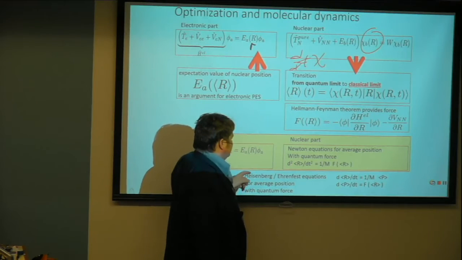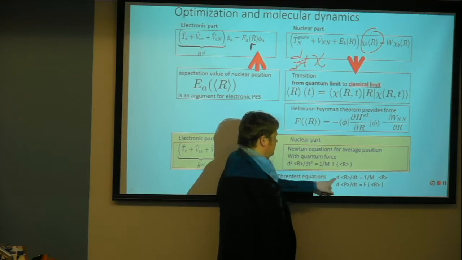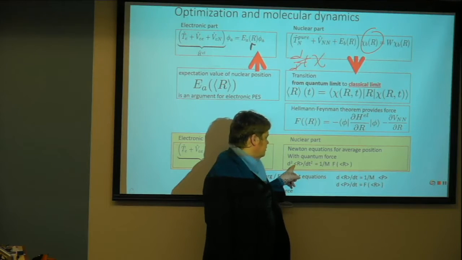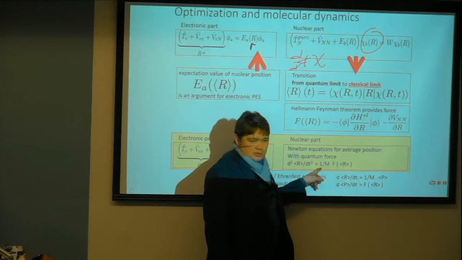And then if we practice it, we will get two equations which are equivalent to Newton's equation of motion. So acceleration of each degree of freedom, of each nuclear coordinate, is equal to force over mass, right?